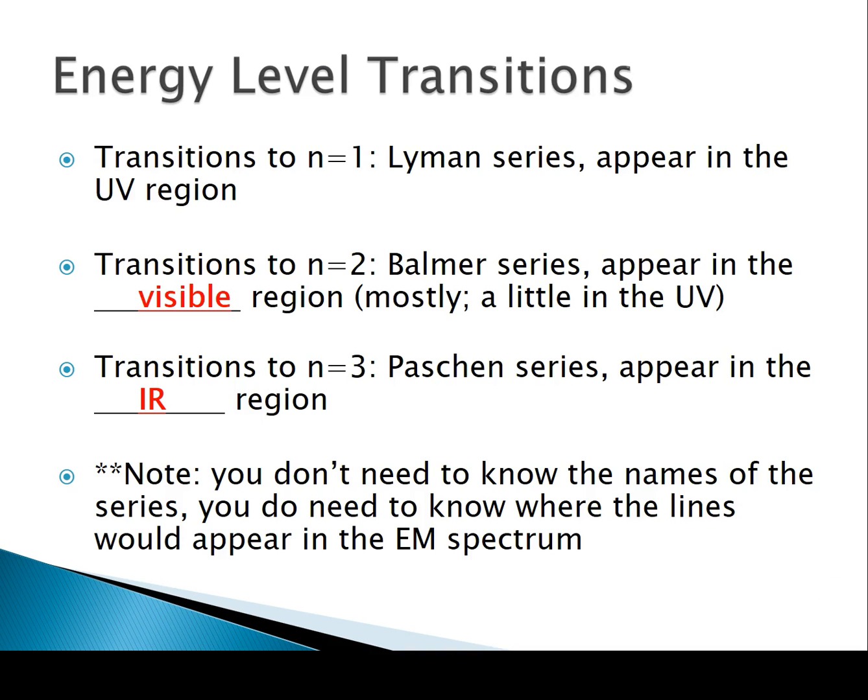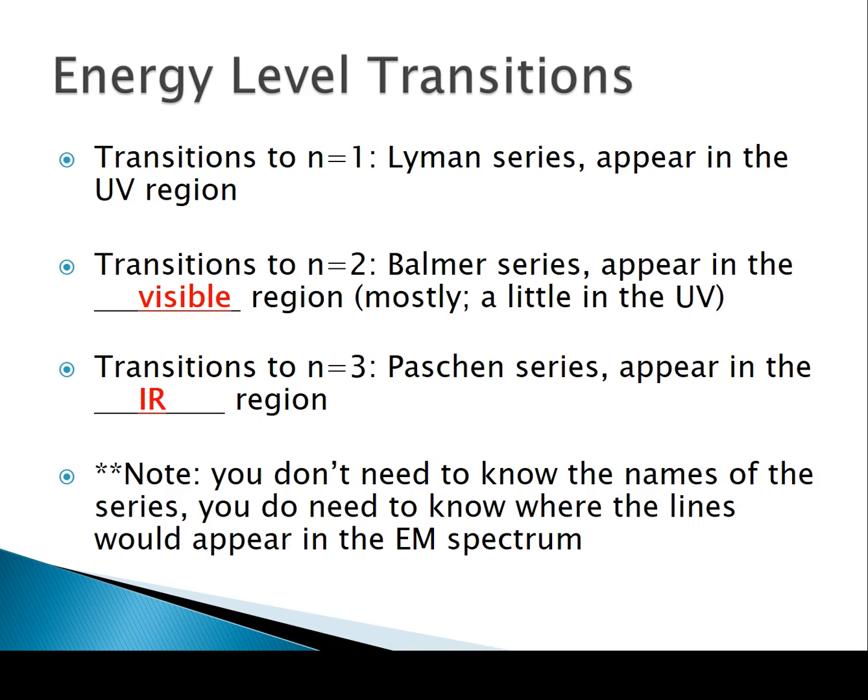Okay? So again, if the electron transition ends at n equals 1, we call that the Lyman series, and the lines will appear in the ultraviolet region of the spectrum. If we transition to n equals 2, it's known as the Balmer series, and the lines in the spectrum will appear in the visible region. You will still get a little bit in the UV, but most of the lines will be in the visible spectrum.